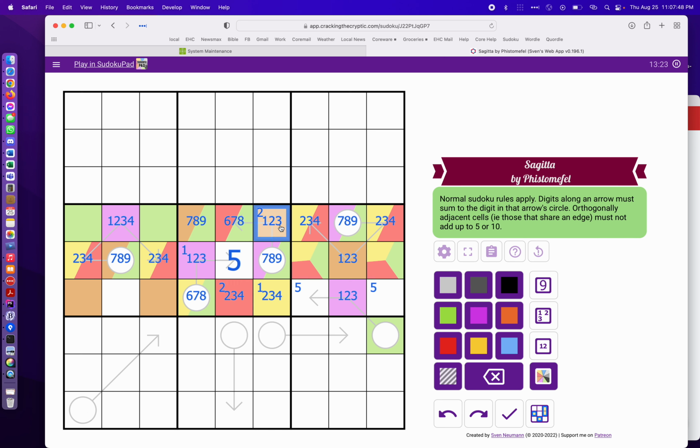But these two we know add up to 5. So orange can't be next to red, so this is not a red. And this one is a red. So this one can't be a high red. So it's a high yellow, and this one can't be a yellow. So then these two are 5 and a high orange. So is there any way we can tell what they are? Which one is which?